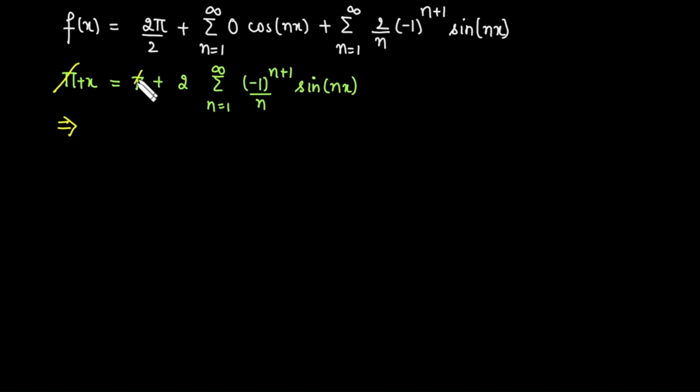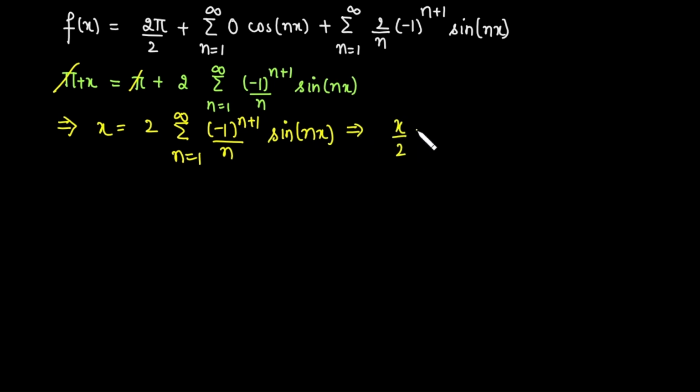This pi gets cancelled with pi, and hence we have x is equal to 2 summation n from 1 to infinity minus 1 raised to power n plus 1 by n sine of n into x. This is also written as x by 2 is equal to summation n from 1 to infinity minus 1 raised to power n plus 1 upon n sine of nx.